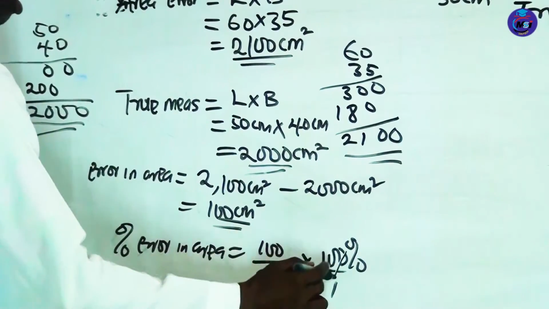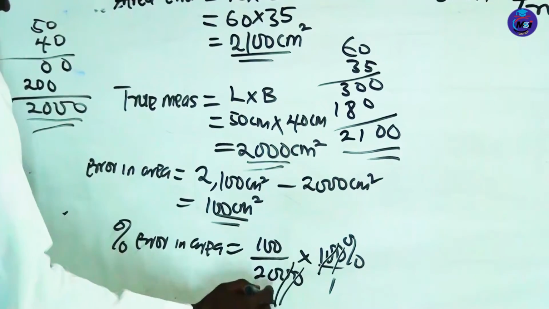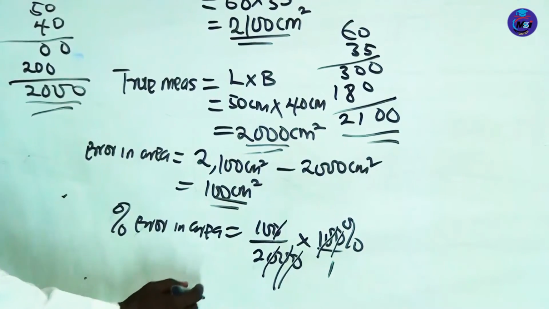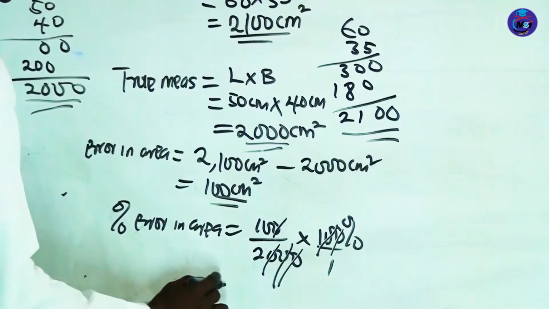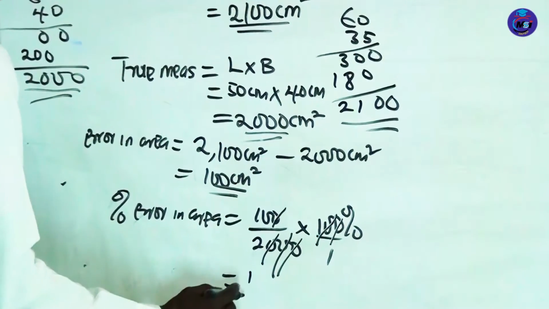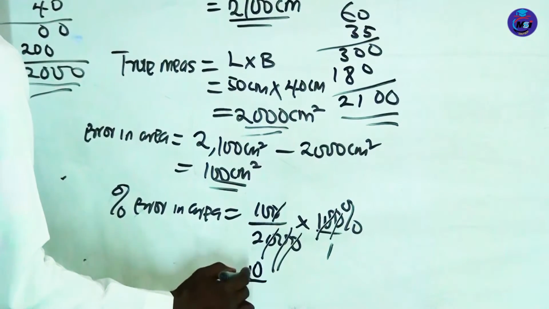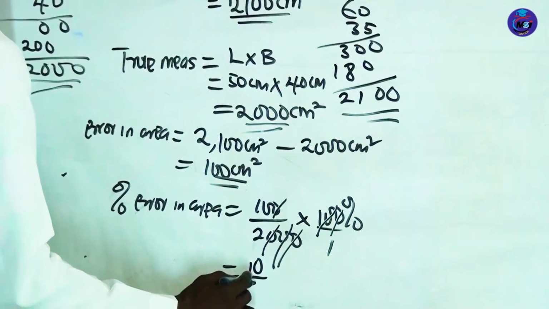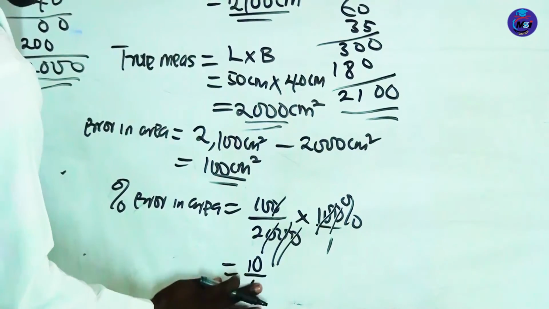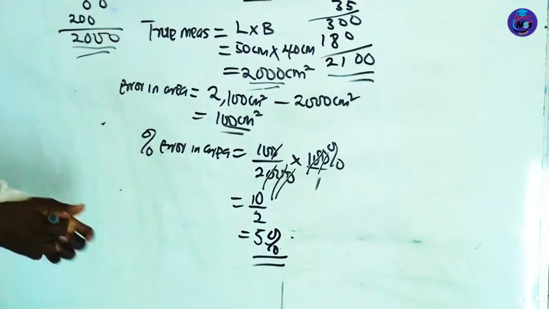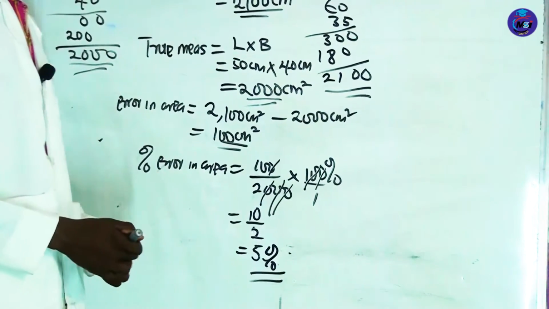Divide this by 1. 0 we cancel 0. 0 we cancel 0. 0 we cancel 0. We are left with 10 divided by 2. We are going to have 5. So this will give us 5%.